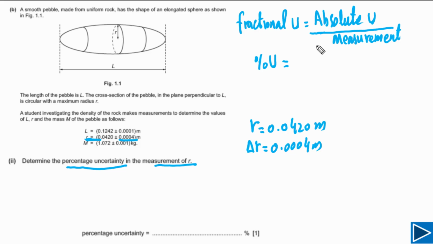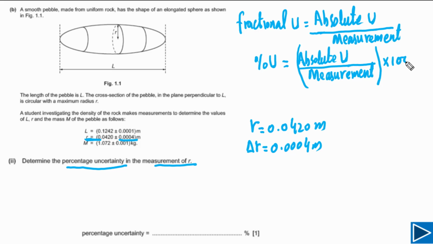Simply, we need to multiply the right side by 100. So percentage uncertainty is the absolute uncertainty divided by the measurement itself, or the best value of the measurement if you have taken more than one reading, and this you have to multiply by 100.